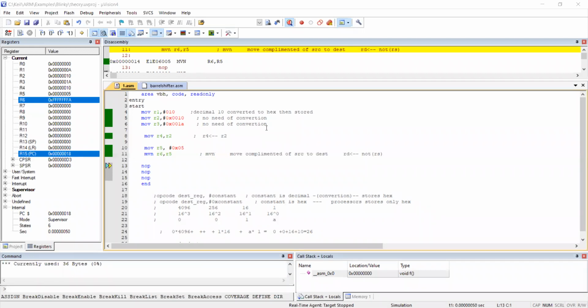So see how I wrote 5. This is 2 raised to 0, 2 raised to 1, 2 raised to 2, 2 raised to 3. Like that, it is every bit. So 5 means what? 1 plus 0 plus 2 raised to 2, 1 plus 4 is 5. This is how I have written 5.